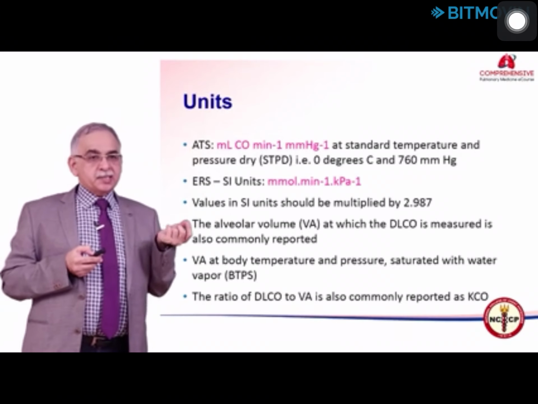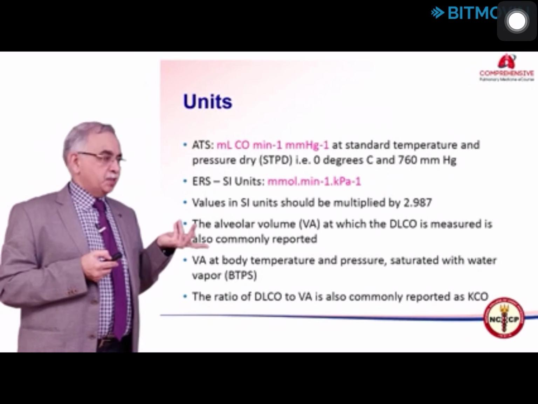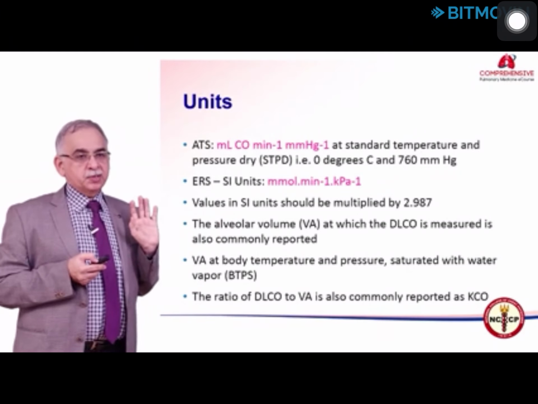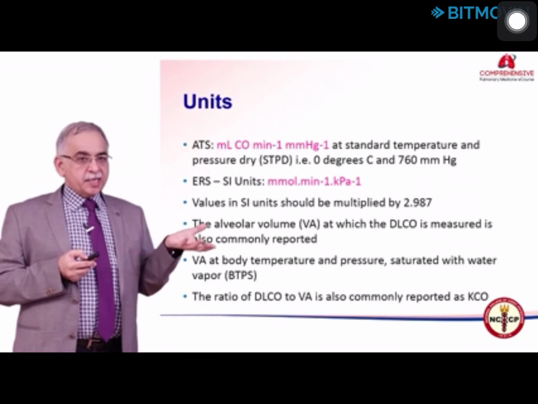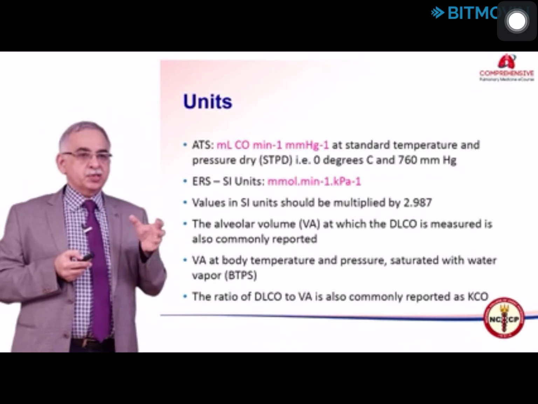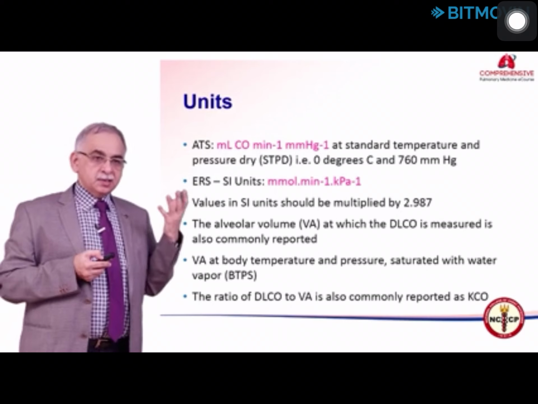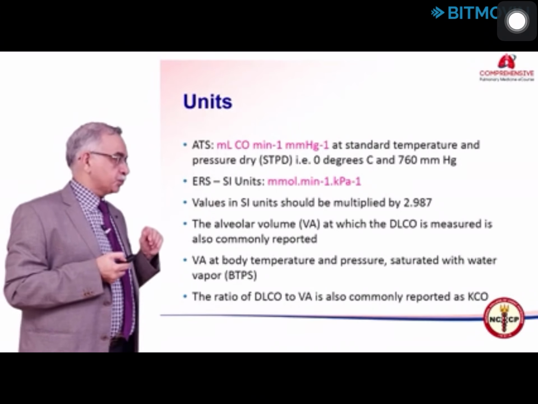If we multiply SI units by 2.987 or roughly 3, we get diffusion capacity in the standard conventional units. So, in SI units, usually you will come across values like 4 or 5 or 6 for diffusion capacity, and in the standard conventional units, it is in the 20s normally.